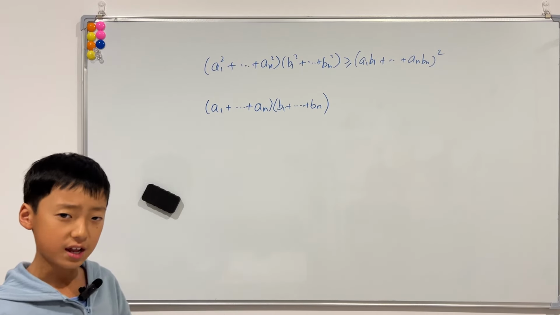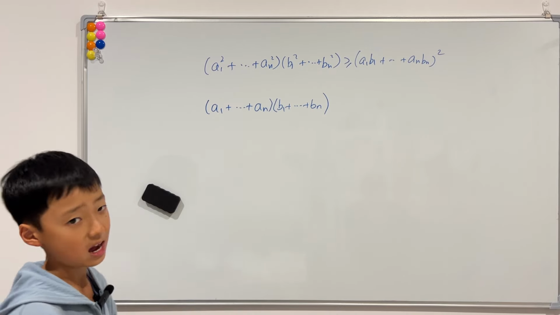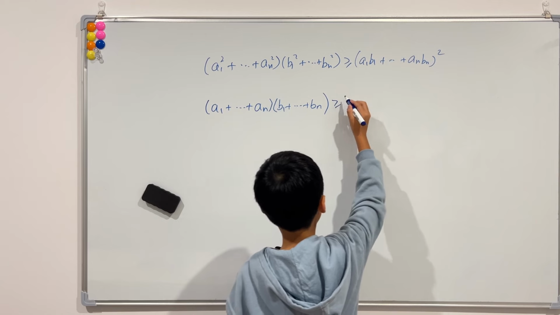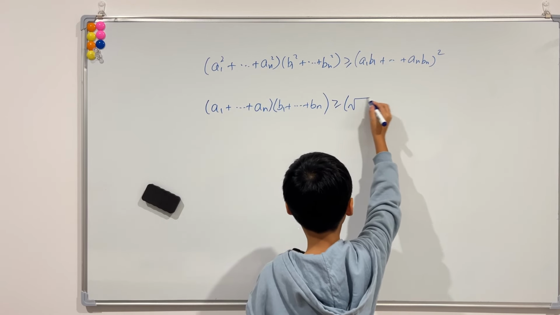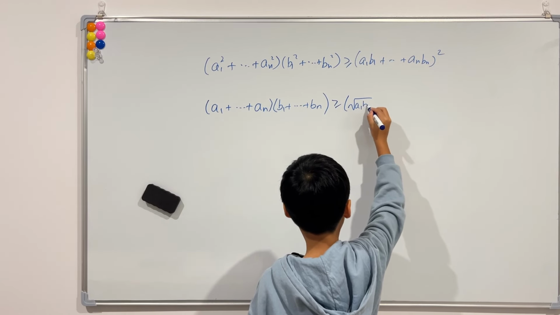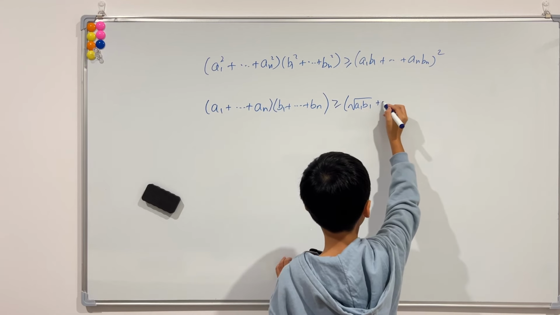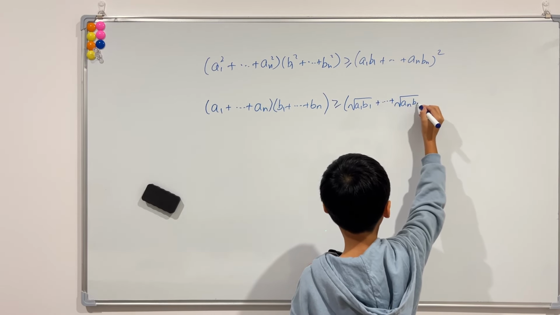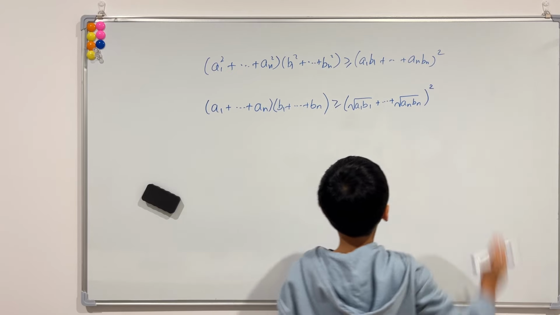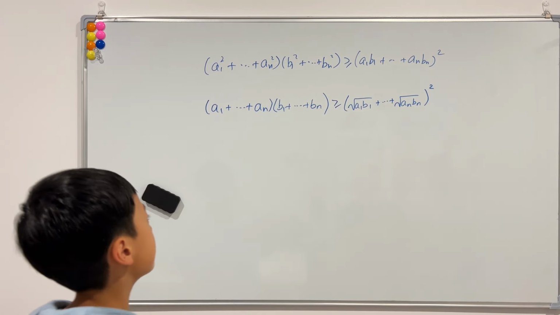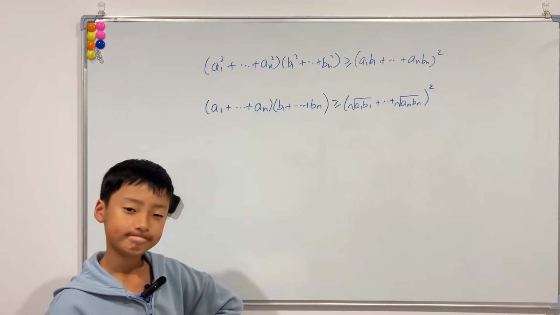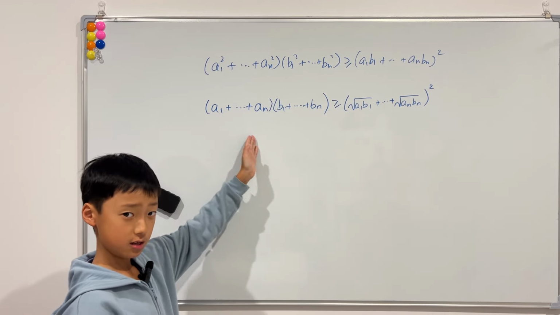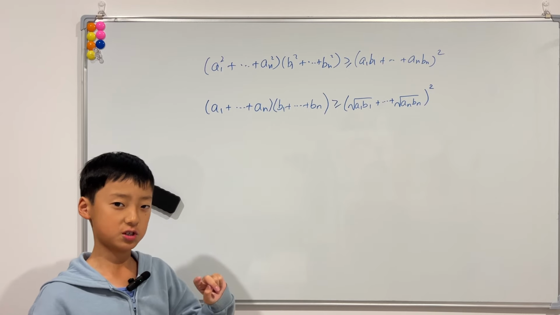So by using that and using the same logic for the Cauchy inequality, you can see that this is greater than or equal to the square root of a1 b1, and then plus all the way to the square root of an bn, squared. Okay, so we're going to use this mostly for our 3 questions.